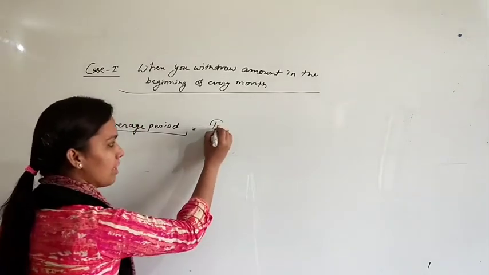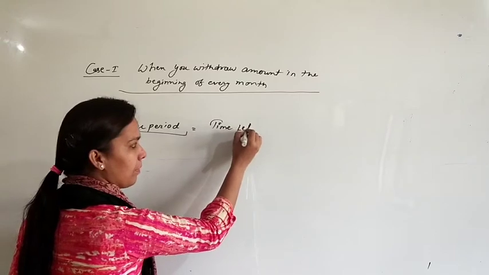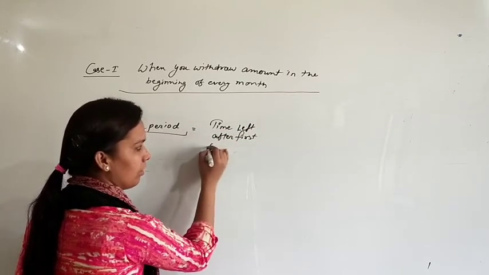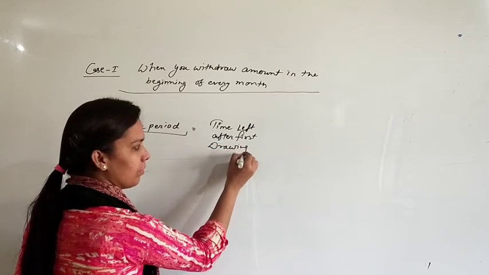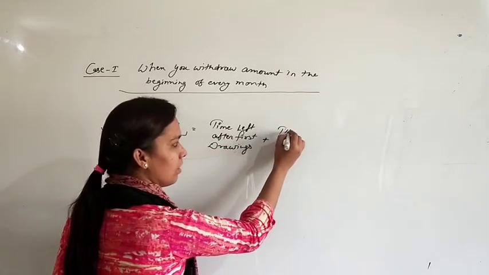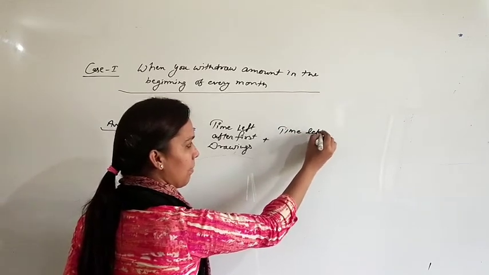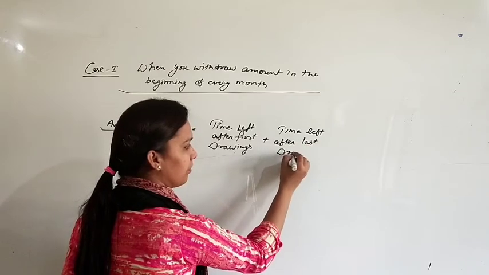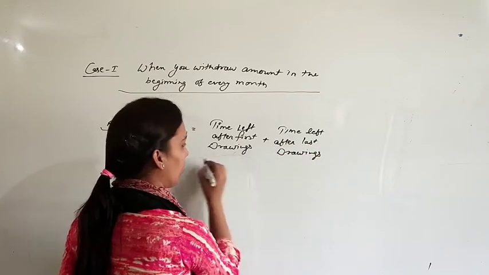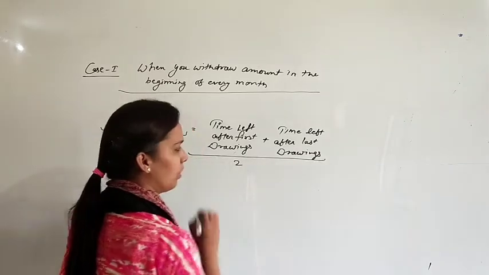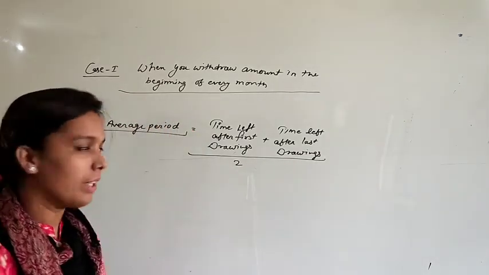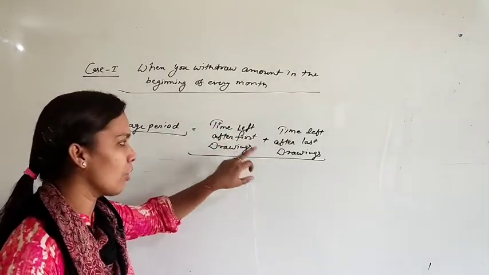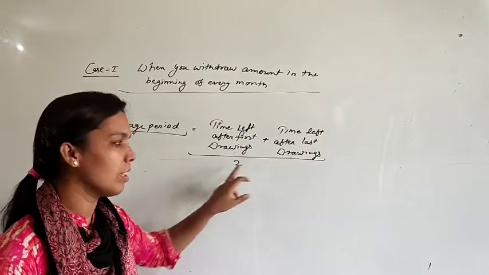The formula for this average period will be: time left after first drawing plus time left after last drawing, divided by 2. This will be the formula for calculating the average period in this case. Okay, time left after first drawing plus time left after last drawing, divided by 2.